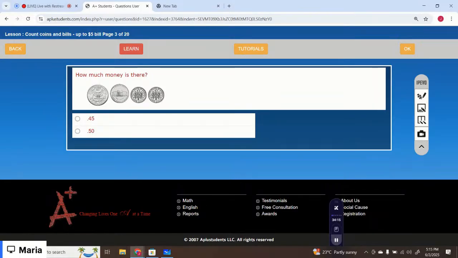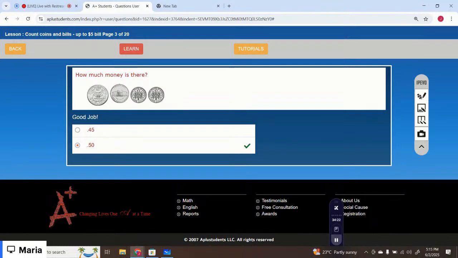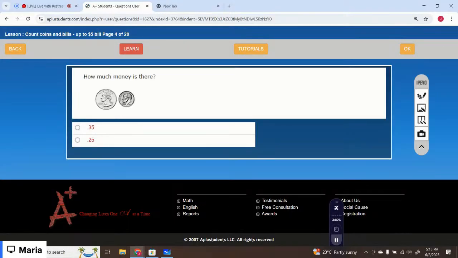Option number 2 is the correct option. How much money is there? That is $0.35. Option number one is the correct option.